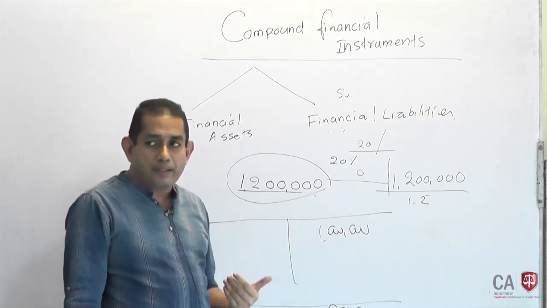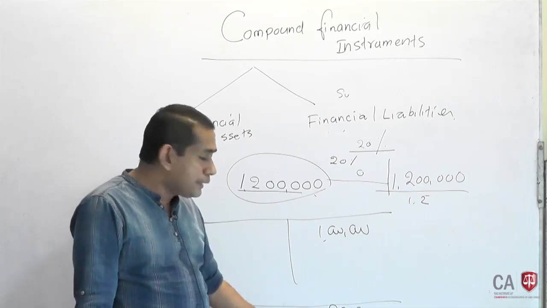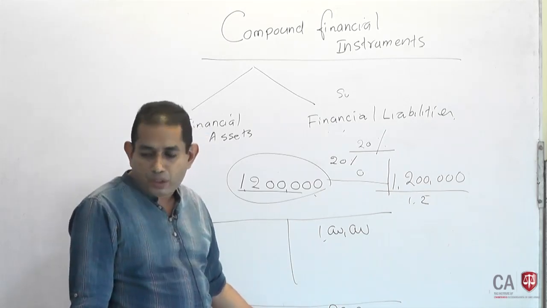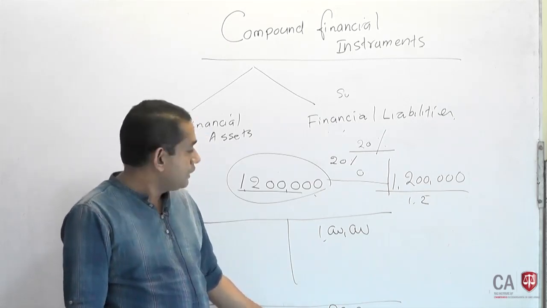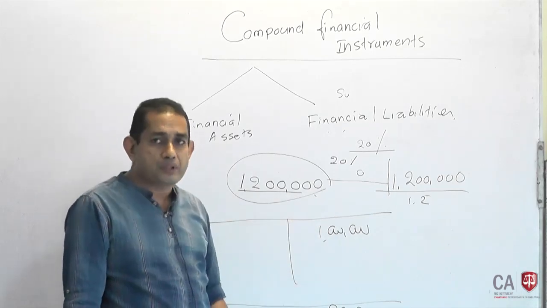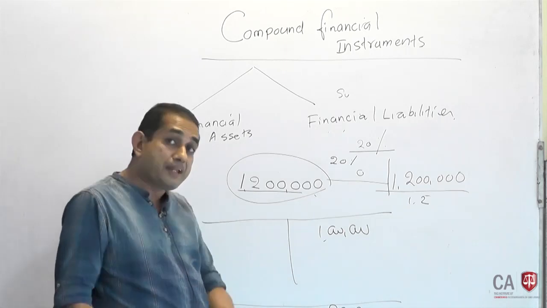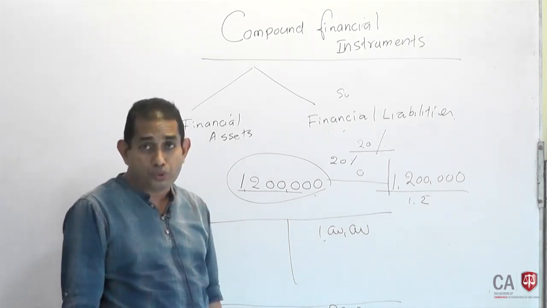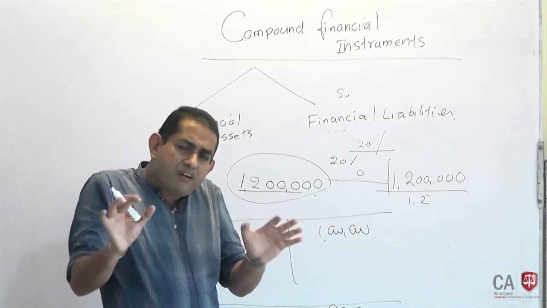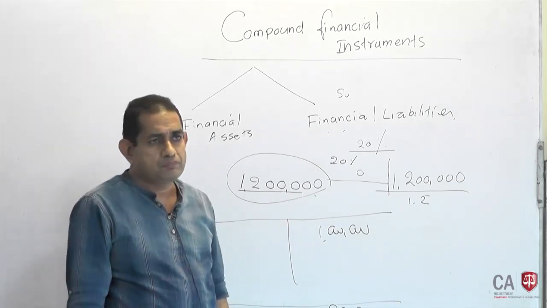Loan given by the lender should be a liability, and the capital given by the prospective shareholder should be equity. So, within the same instrument there are equity as well as debt components, and then only it becomes what? Compound instrument. And that is our simplified explanation.